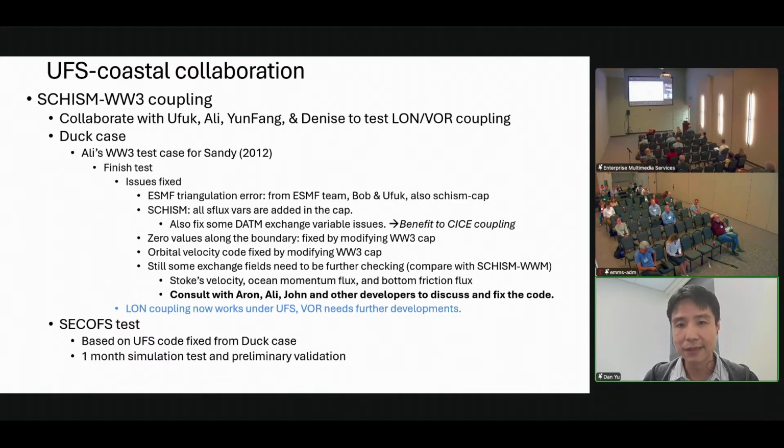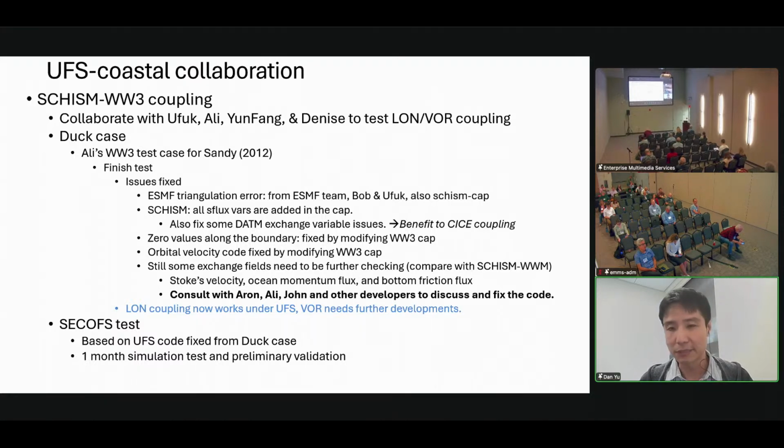These issues would sometimes cause the model to become unstable, and some coupling, like ice coupling, might blow up. After we figured this out, we also fixed this issue.